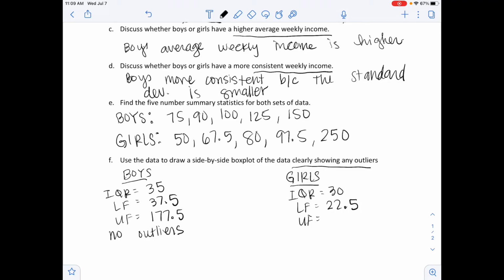Our upper fence, which is Q3 plus 1.5 times the IQR, is a value of 142.5. And so looking at your girls' data, do we have any outliers? And again, an outlier would be something smaller than the lower fence or larger than our upper fence. And you'll notice that $250, that income, is an outlier.